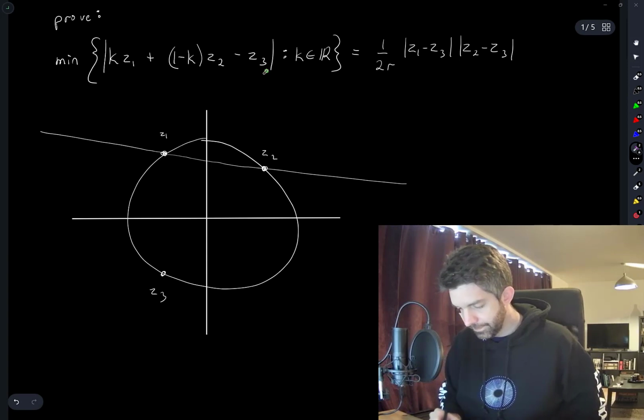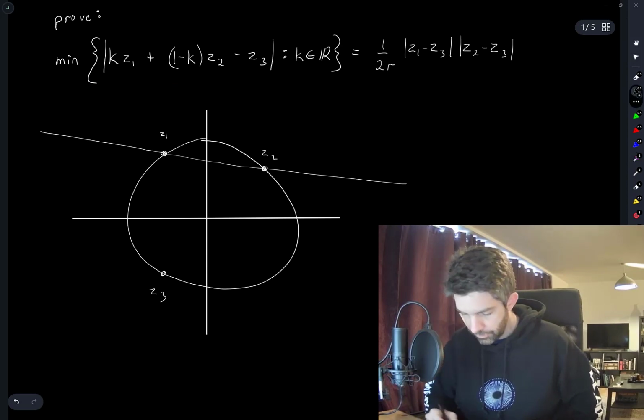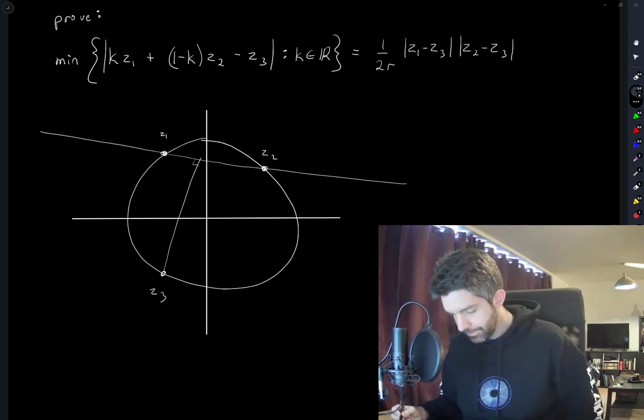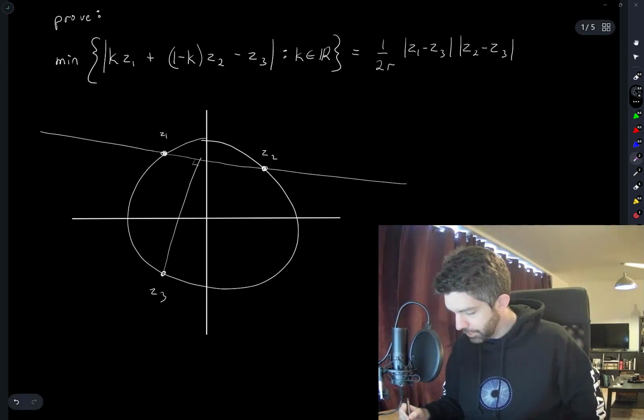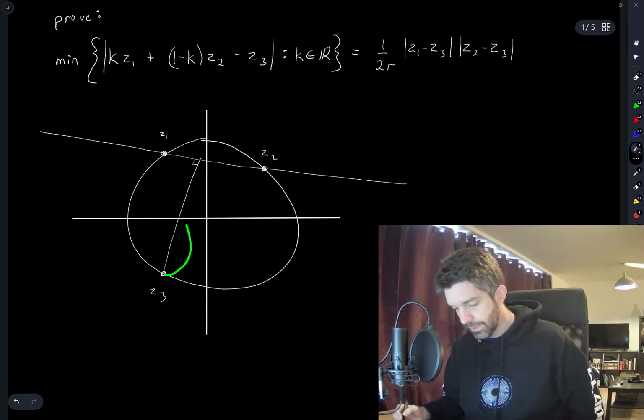And this whole minimum is essentially nothing more than the distance between Z3 and this line. So we're going to drop a perpendicular to this line from Z3, and we want to compute the magnitude of this distance.